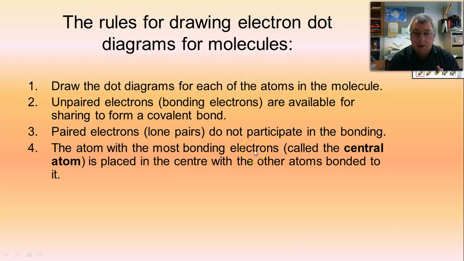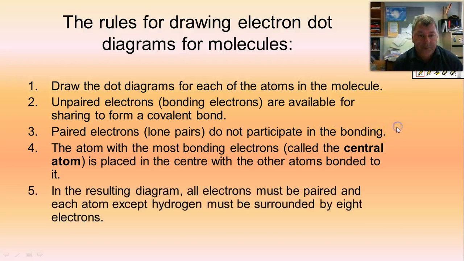And we put that in the center and then we put the other atoms onto it to form the covalent bonds. In the resulting diagram, all electrons must be paired. So we have to have all pairs. Can't have any single electrons in covalent molecular substances because there's no charge imbalance. Everything neutralizes. So we must make sure it all adds up.